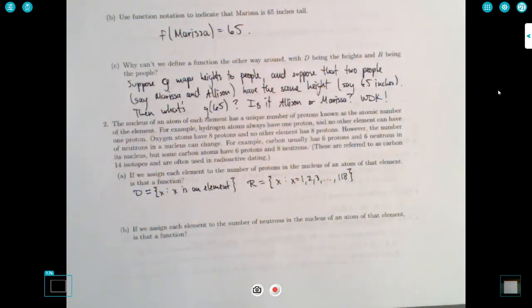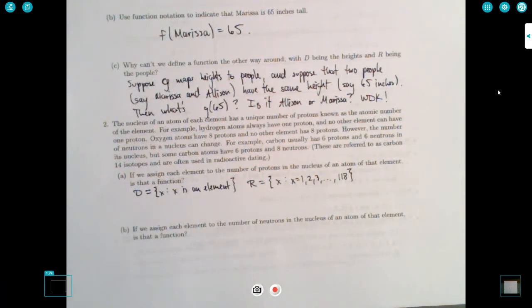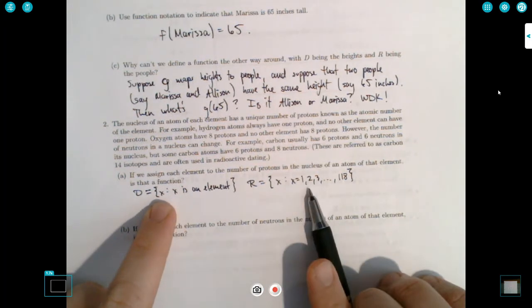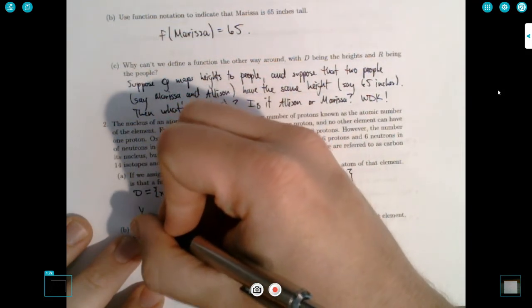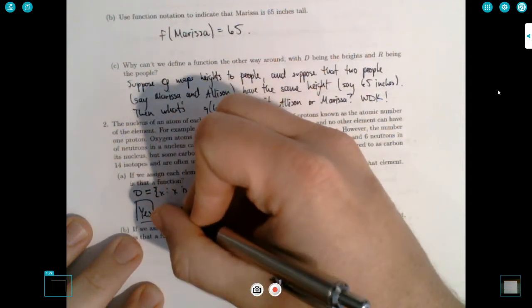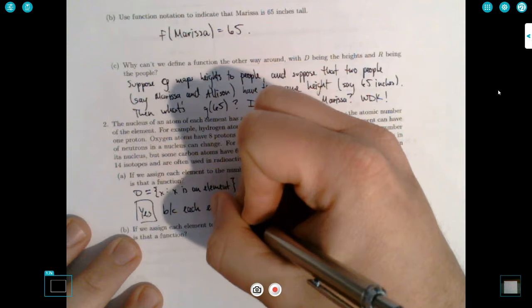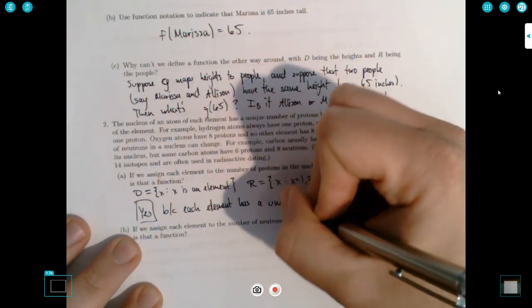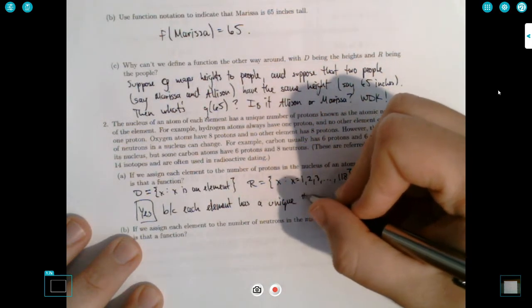Okay, so if f maps from D to R, is that a function? Well, the answer is yes, because each element has a unique number of protons. So yes, because each element has a unique number of protons.